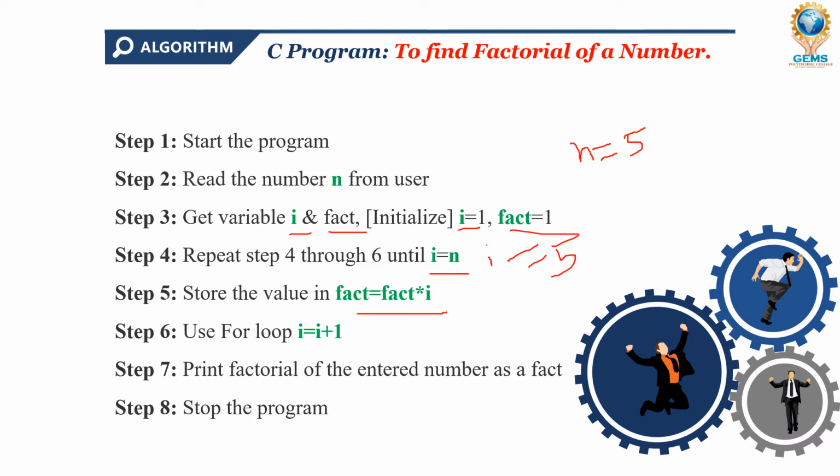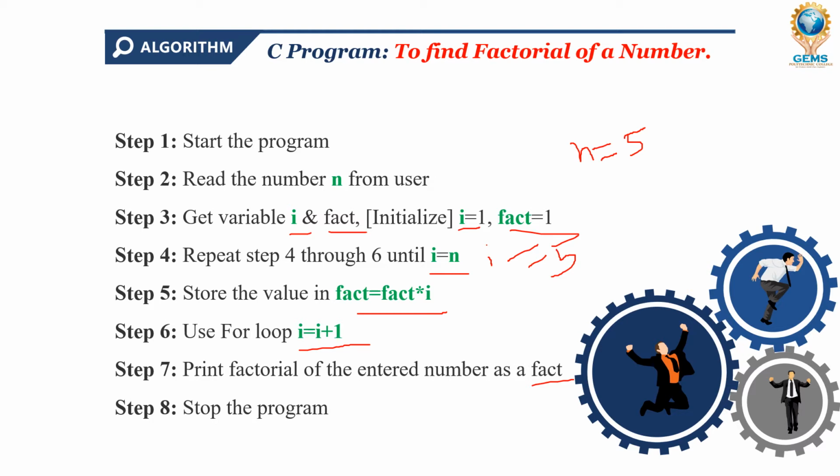Now in step 6 it says that we are using the for loop, and in the for loop we are using I as the variable for the incrementation. And the 7th step, the final, is to print the factorial of the given number as fact. Fact is the variable which holds the factorial of the given number.